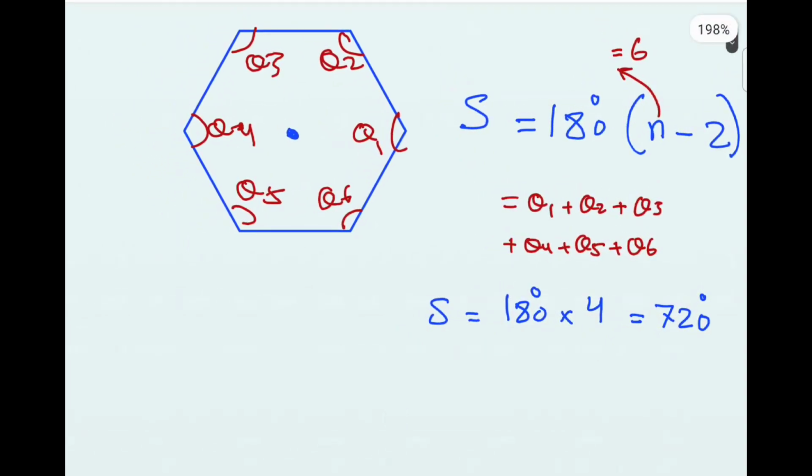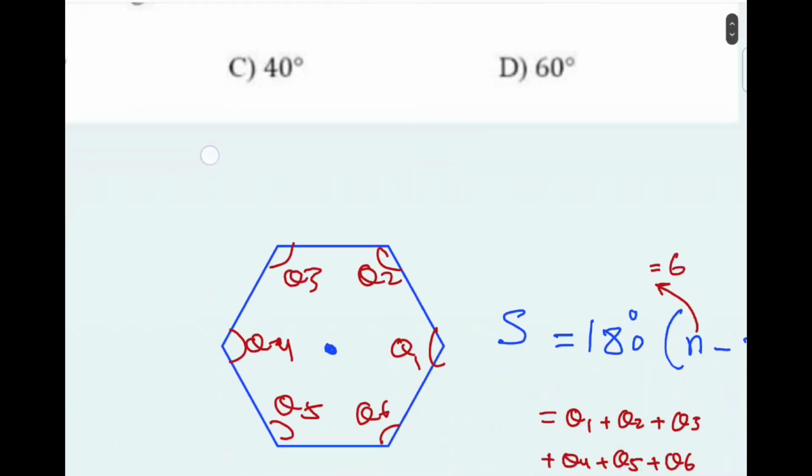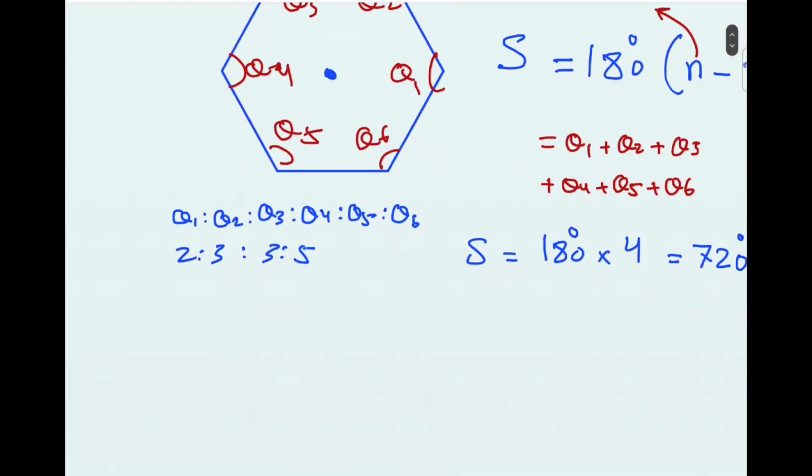Now the ratio of these angles, theta 1 to theta 2 to theta 3 to theta 4 to theta 5 and to theta 6, is given by 2, 3, 3, 5, 5, and 6.